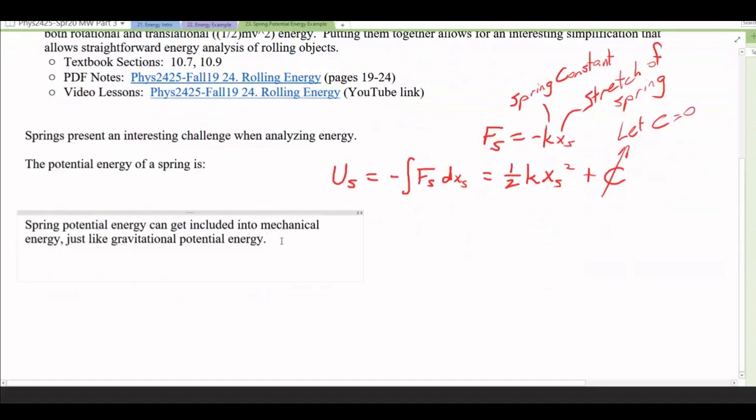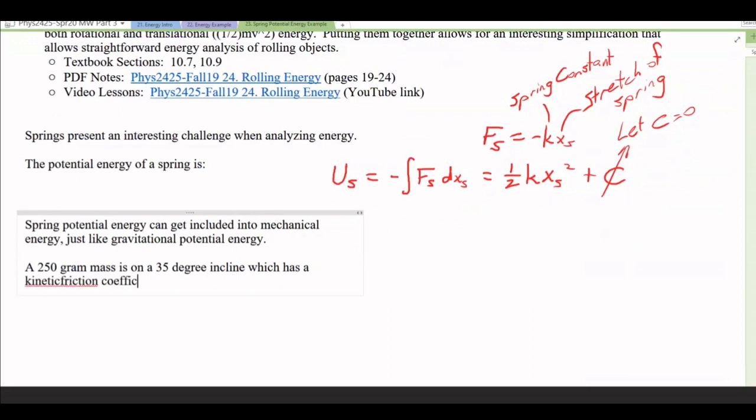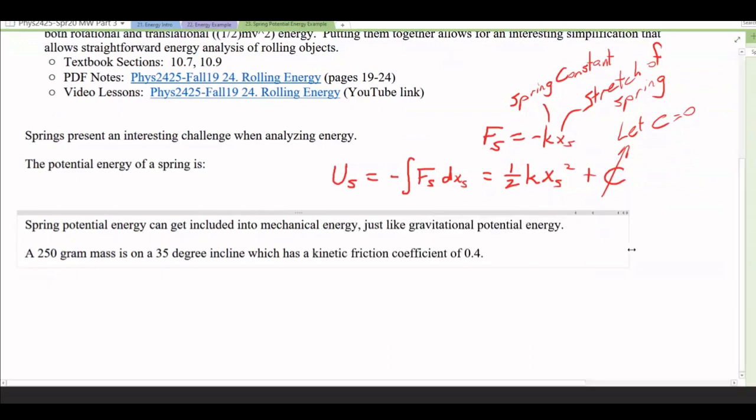So here's the example I want to do. A 250 gram mass is on a 35-degree incline. And there is a kinetic friction coefficient of 0.4.